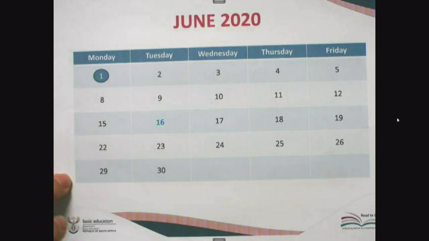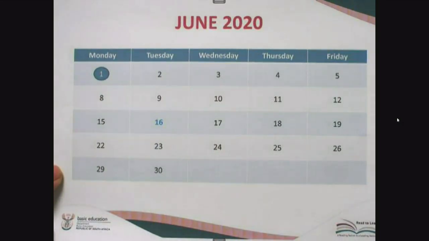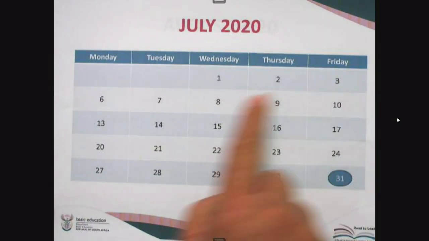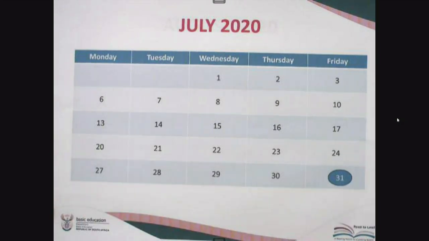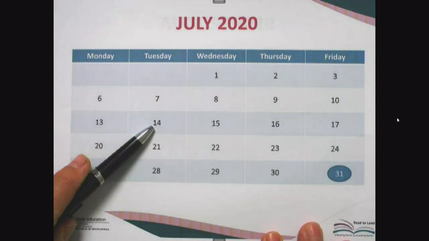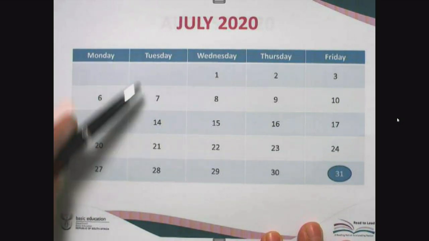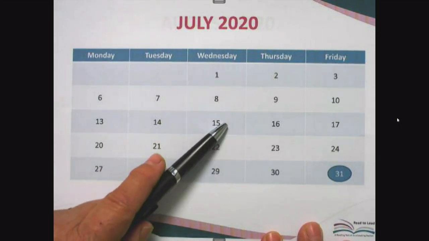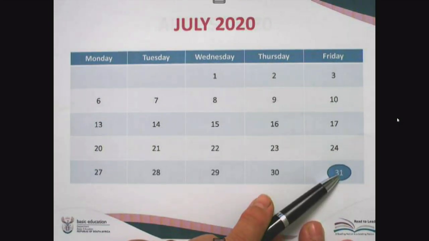The expected week, and I'm putting focus on the expected week for that 1 week holiday, will be the last week of June and the first week of July, with the schools then starting again on either the 6th or the 7th of July. But then we are still in term 2, not yet term 3, according to our new revised ATPs. Term 2 will then carry on when you count your 5 days, 5 days, 5 days, up to the 31st of July.